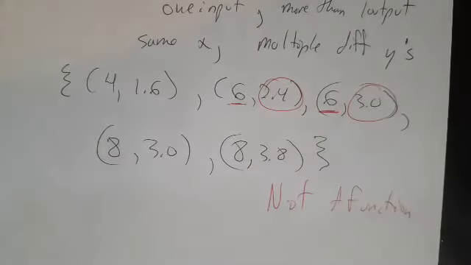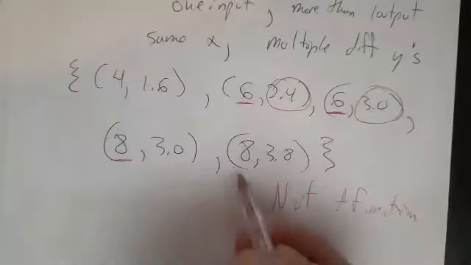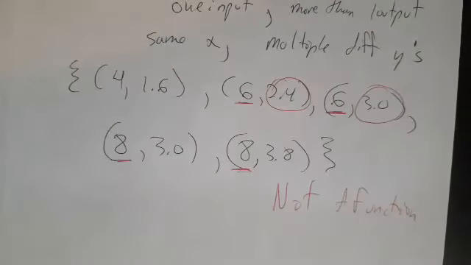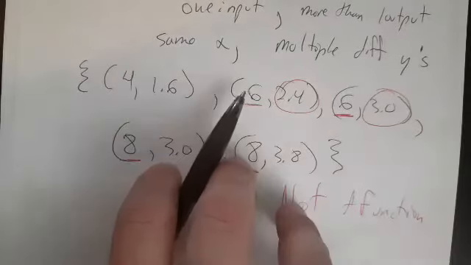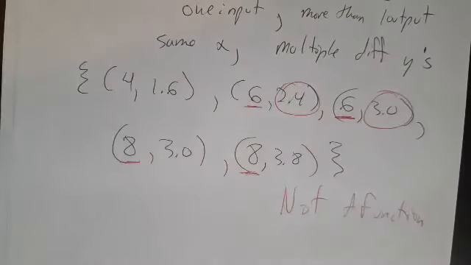It also breaks the definition of a function with this number as well. So it is definitely not a function. So we're talking about one input with multiple outputs. So this 6 can either give me a 2.4 or it can give me a 3.